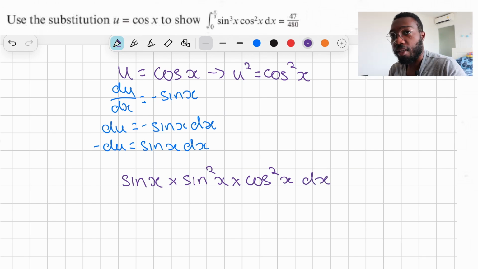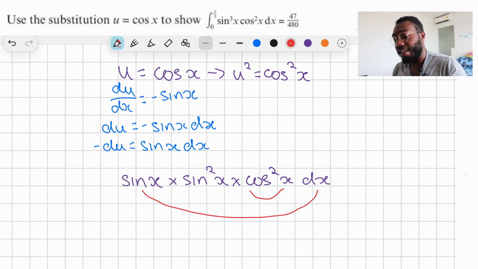I've just rewritten the question like this so we can clearly see what we're missing. Right now, we've worked out the cosine squared x in terms of u, so that's fine. We've also worked out the sine x dx as well, that is minus du. So we've got that, that is perfect. We're just missing that sine squared x.